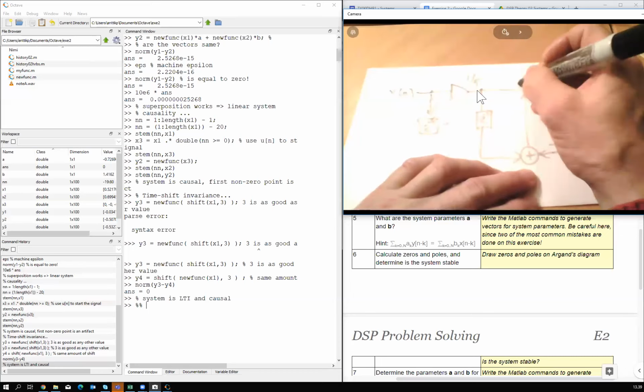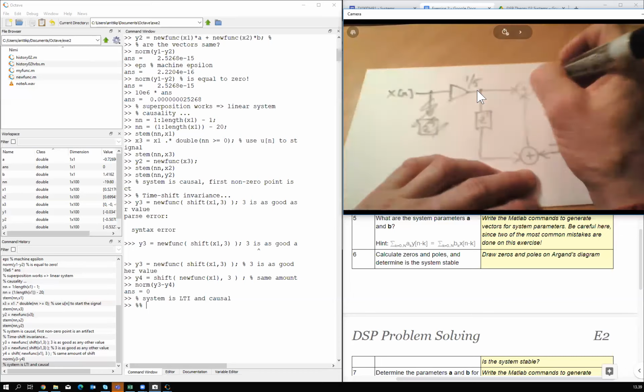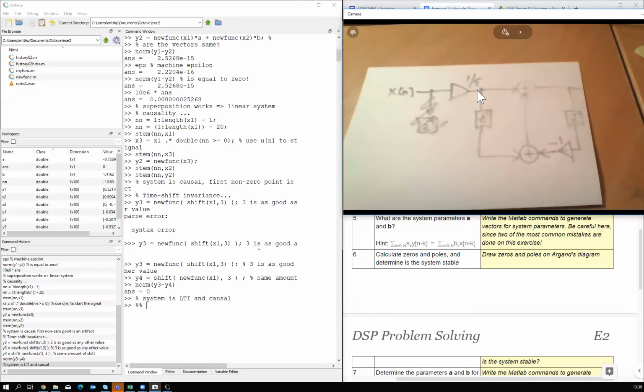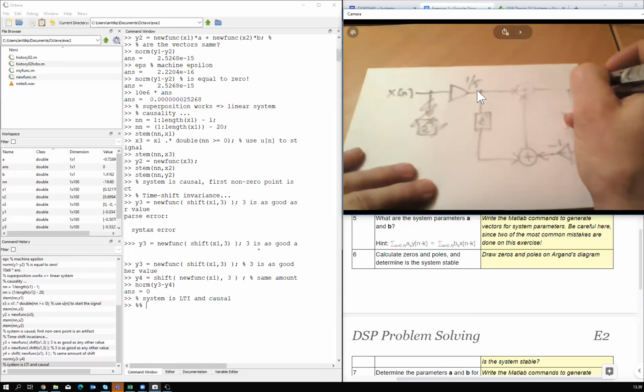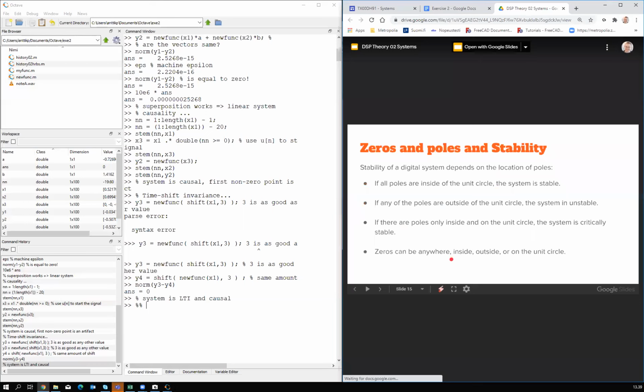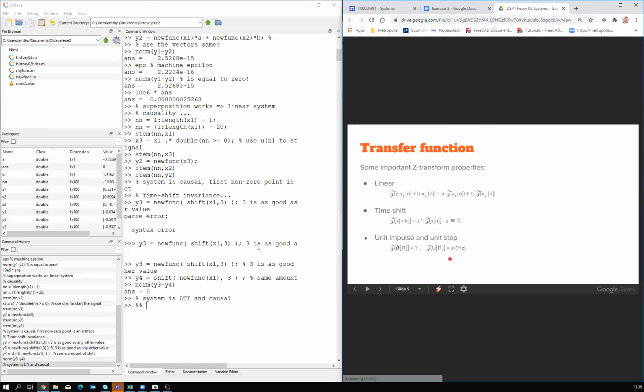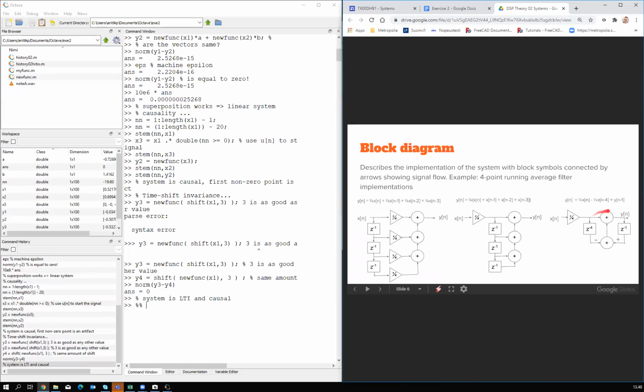So comparing to the 4-point running average, this has y of n, the 4th order running average. That was 4th order, minus, sorry, the input as minus.